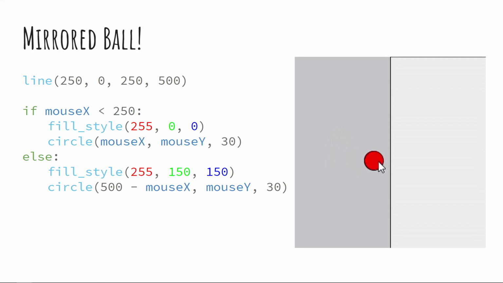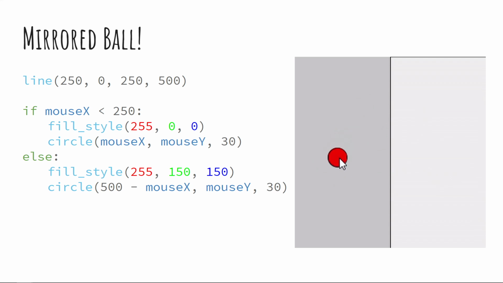Then we have an example of a mirrored ball using if-else. So here we draw our line again. We have the same thing where if mouse X is less than 250, meaning it's on the left half of the screen, we fill our style. Then we draw our circle at mouse X, mouse Y, with a size of 30.